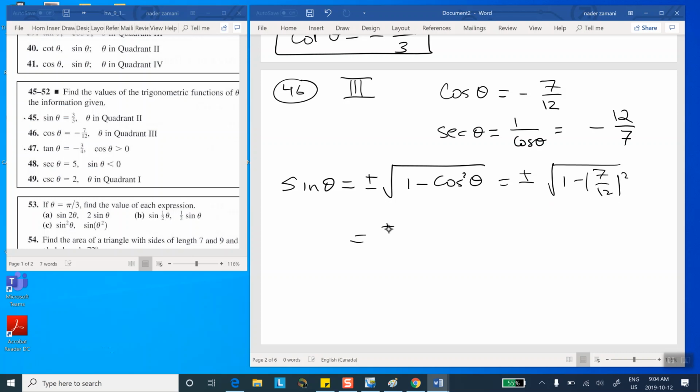And this is going to be plus or minus square root of 144 minus 49 divided by 12, plus or minus square root of, there's a 5 here, 95 over 12.